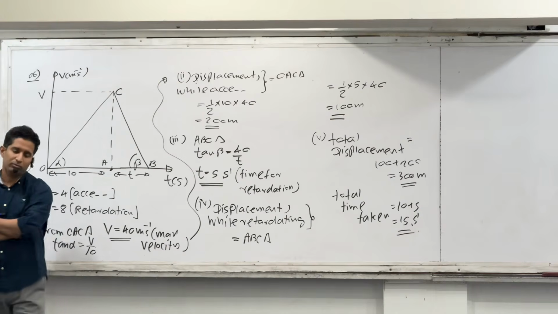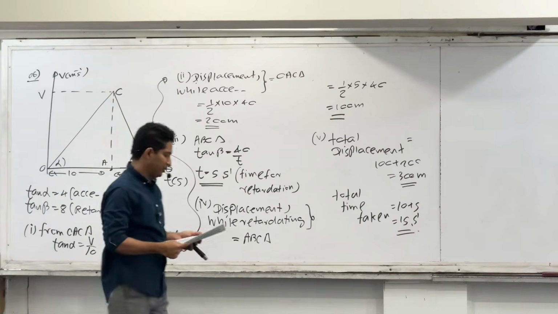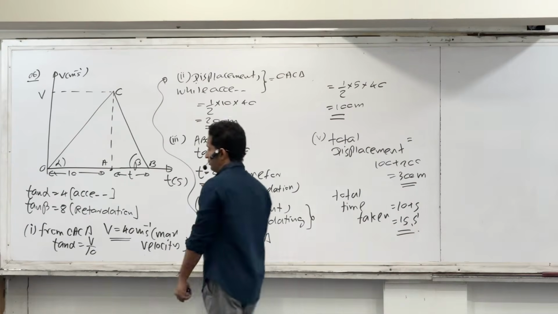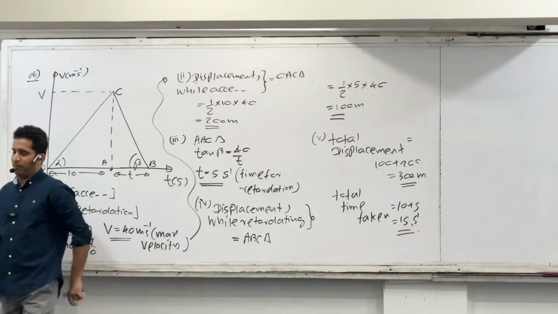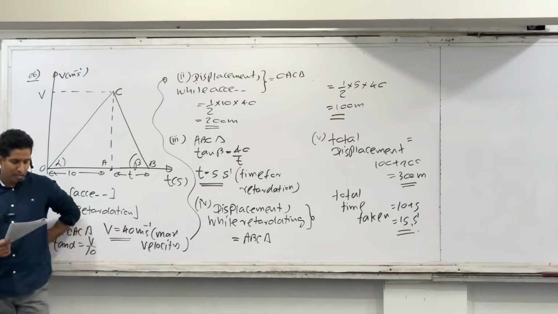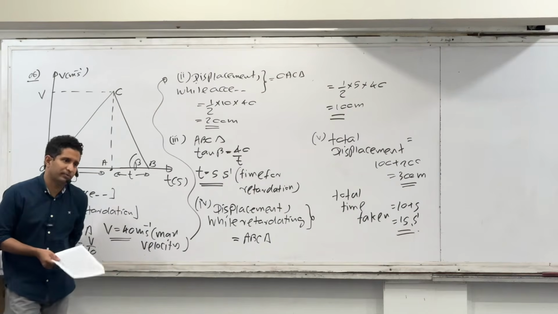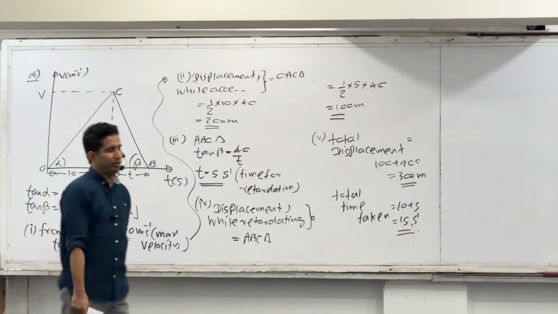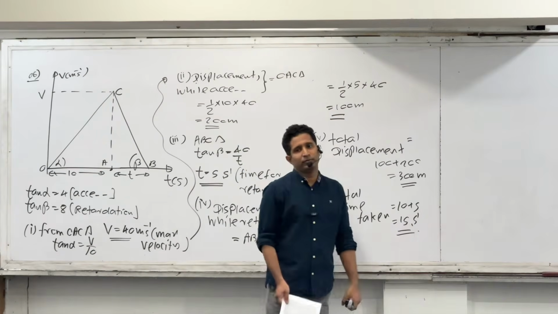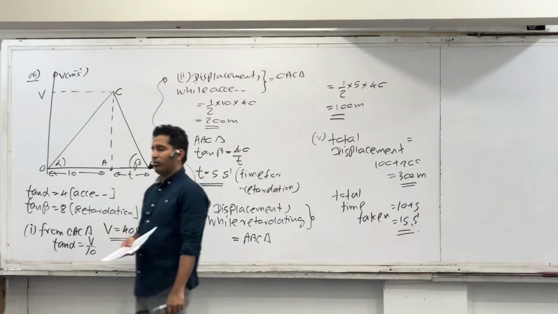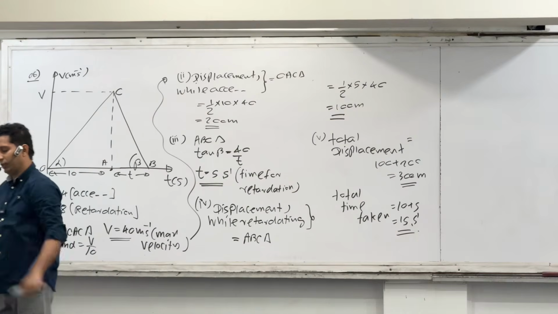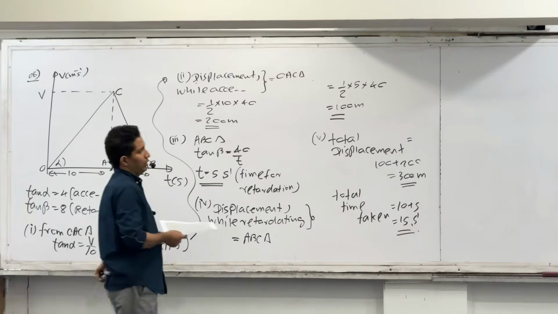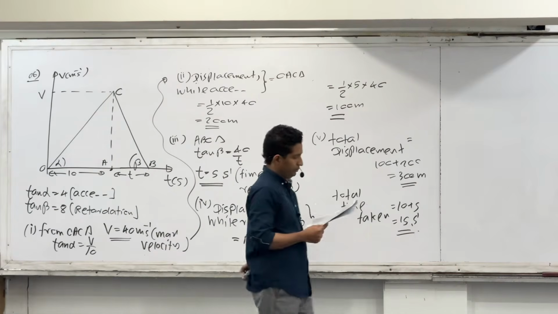Number 1, find the maximum velocity. Number 2, displacement while acceleration. Number 3, displacement with constant velocity.